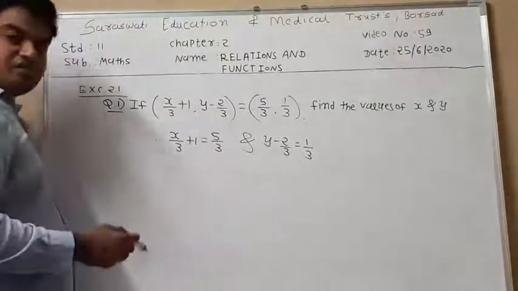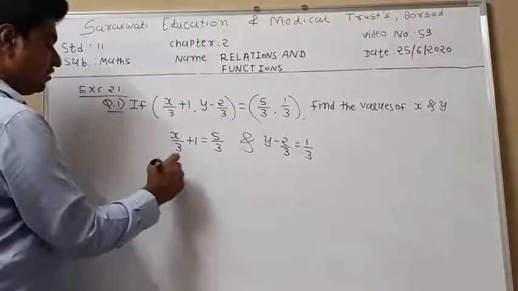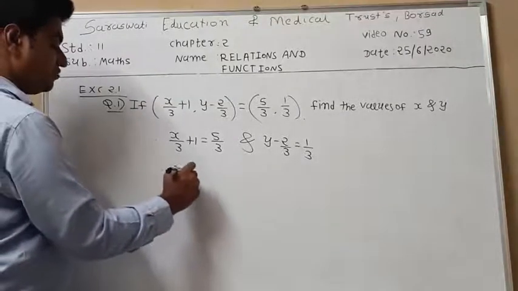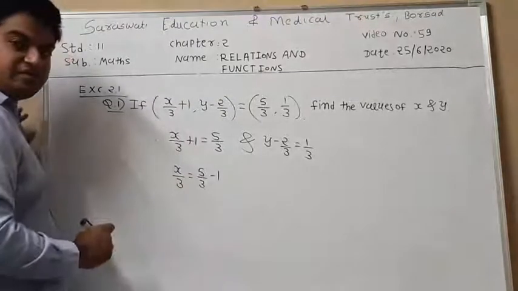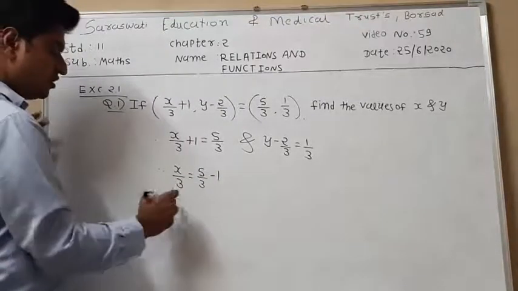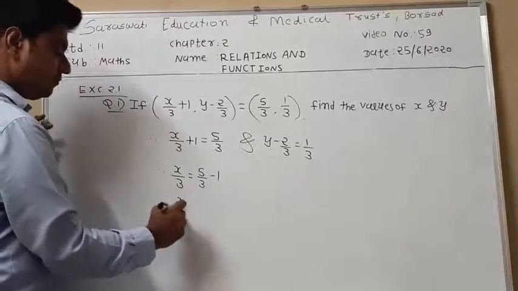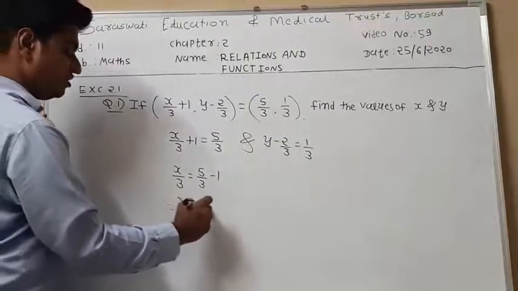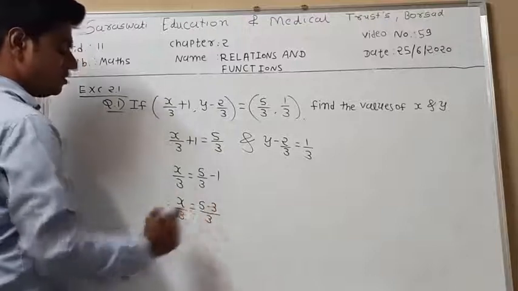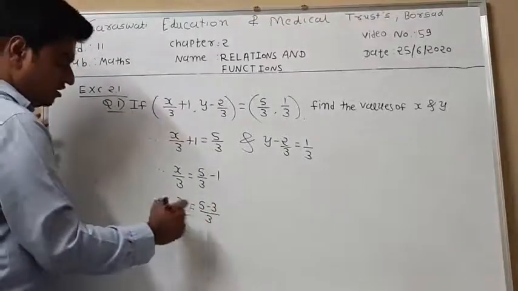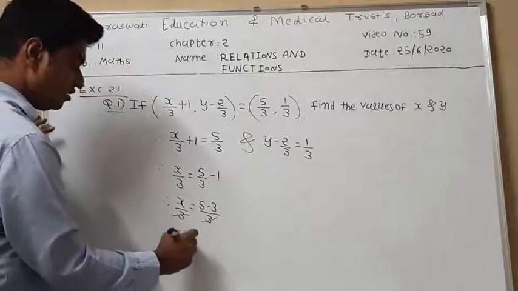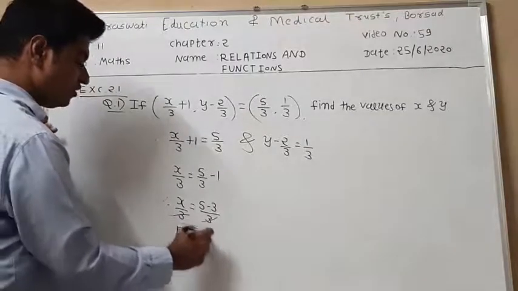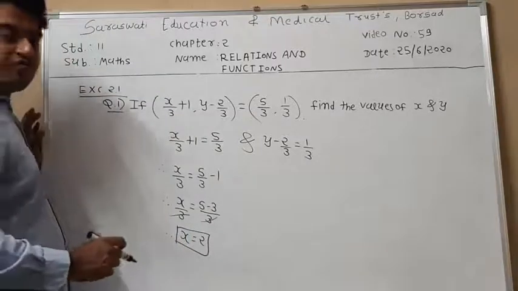Now +1 goes to the opposite side, so x/3 = 5/3 - 1. Now we take the LCM: x/3 = (5 - 3)/3. After cancelling this term, x = 5 - 3, that means 2.